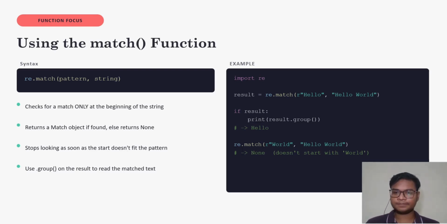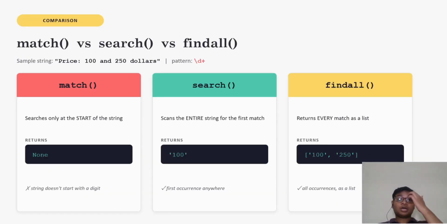So let's move forward, and now let's talk about a comparison between match, search, and findall. The comparison is very important. We have a sample string here: the price is 100 and $250, and there is a pattern. With match, it searches only at the start of the string.